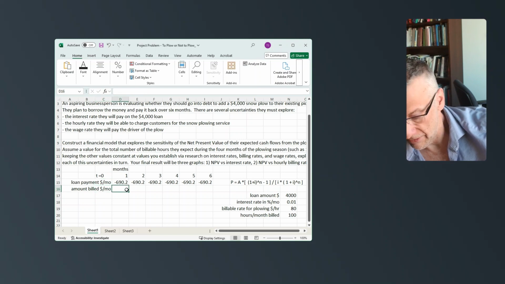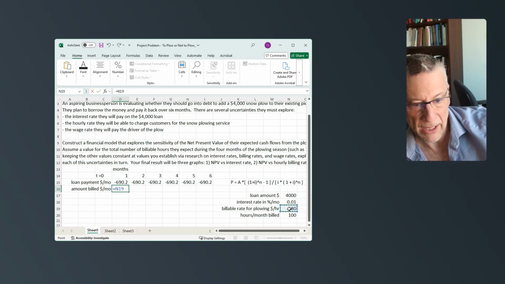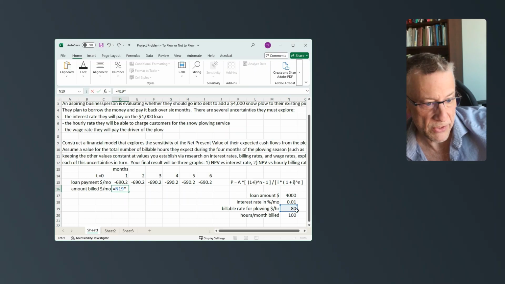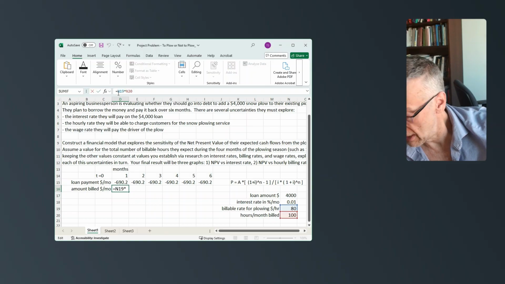Here we have the billable rate, dollars per hour, times the number of hours per month. Boom. And I'm going to lock in these columns.